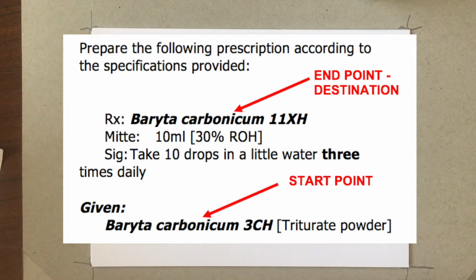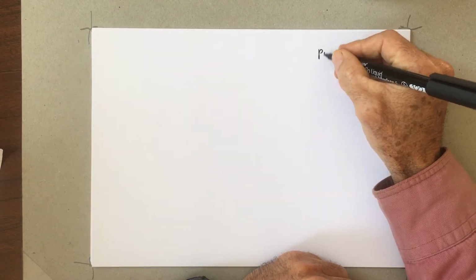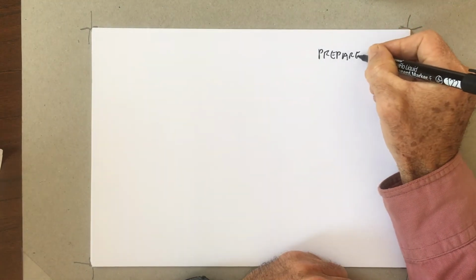Hello, this is part 2 of how to approach questions in a prac exam. So we've seen in the previous video that we have a question which is called the prepare side. It's where the question starts.